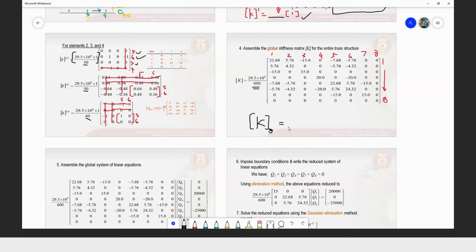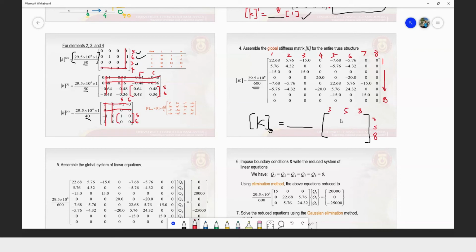Then you can have the constant value there, and then only the element 3, 5, and 8. So 3, 5, and 8. Here 3, 5, and 8.